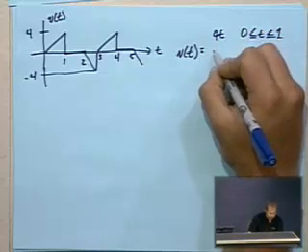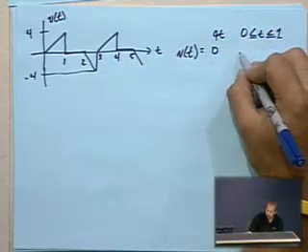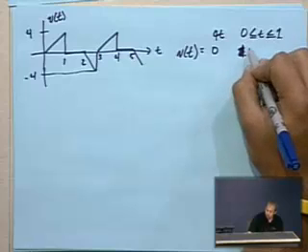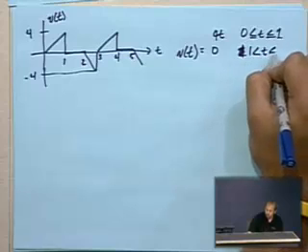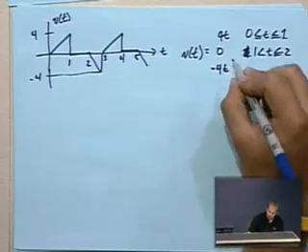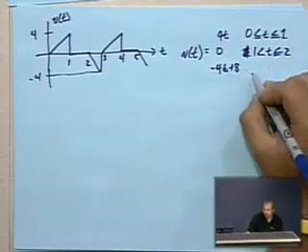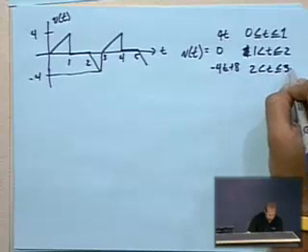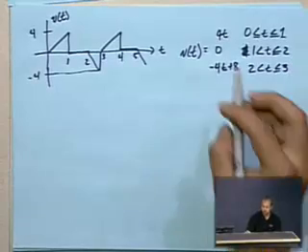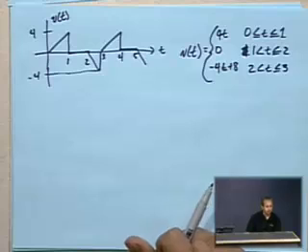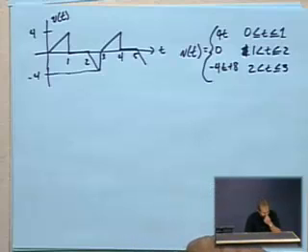Then 0 for time 1 less than t less than or equal to 2, and then -4t plus 8 for time 2 less than t less than or equal to 3. So that's the piecewise representation of that, and it's fairly straightforward, I think.